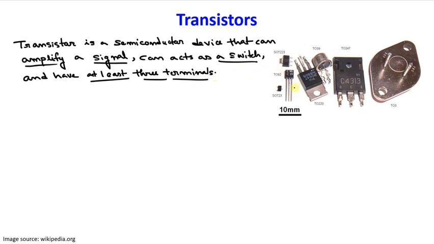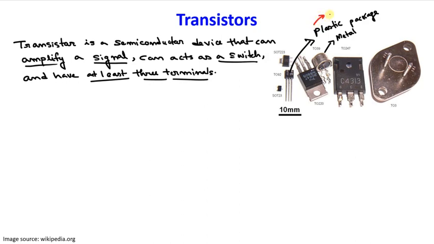In this image, you can see different types of discrete transistors. They have different shapes and different packaging types, right? For example, this transistor is packaged with a plastic material, whereas for this transistor you can see metal packaging, and for this as well. So why are there different shapes and different types of packaging?